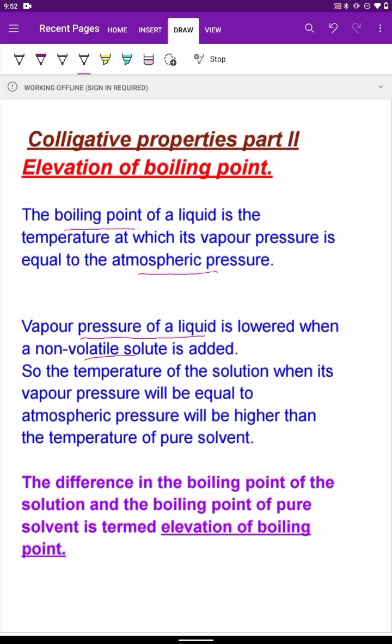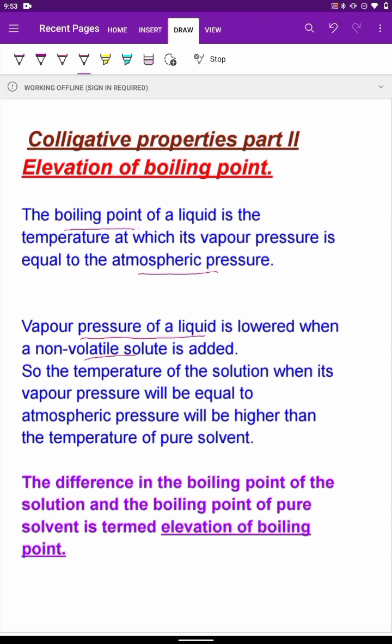The temperature at which the vapor pressure of the solution equals the atmospheric pressure will be higher, because the vapor pressure has already become low. So we have to make the temperature a little higher so that the point comes when the vapor pressure will be equal to the atmospheric pressure.